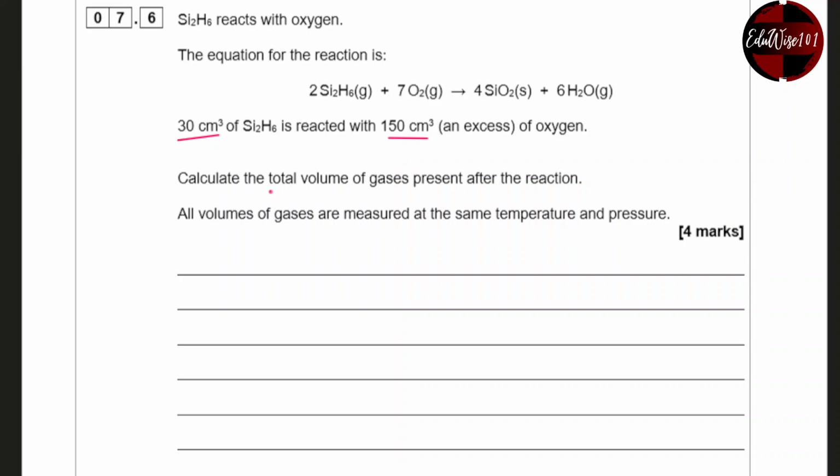Calculate the total volume of gases present after the reaction.